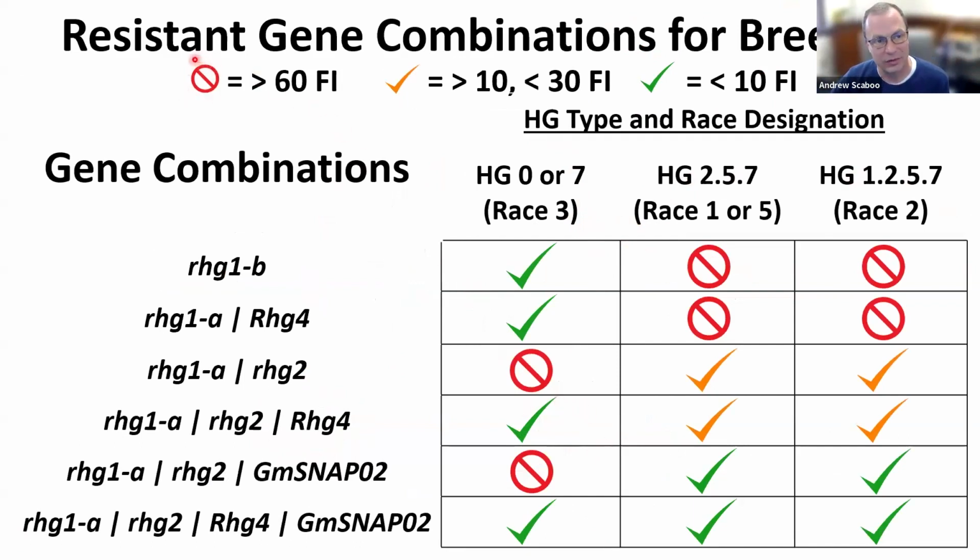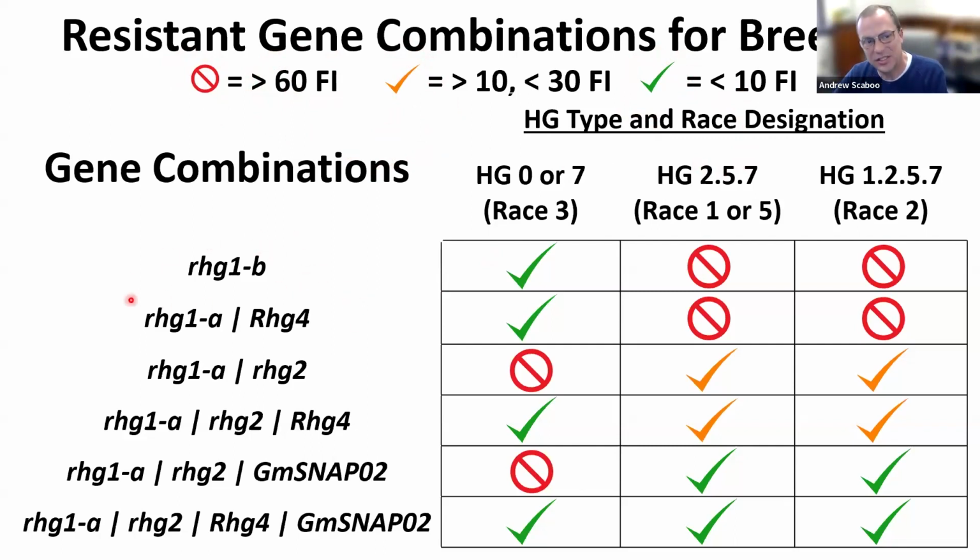If you have a red circle with a line through it, that is a susceptible phenotype, meaning it's greater than 60% female index. If you have an orange check mark, you're greater than 10% but less than 30% female index, and we determine that as moderate resistance. And if you're less than 10% female index, then that is our highly resistant varieties.